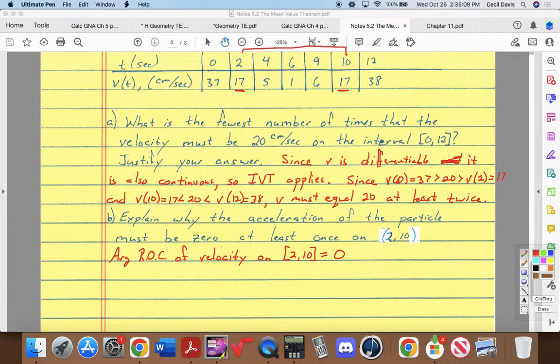And we're talking about acceleration, which is the derivative of the velocity function, right? So, since acceleration is equal to v prime of t, and we know that the average rate of change is 0, so that's the instantaneous rate of change. Oh, this is the mean value theorem.